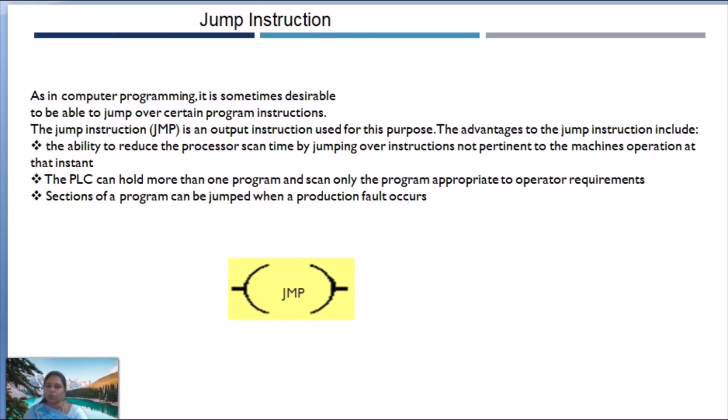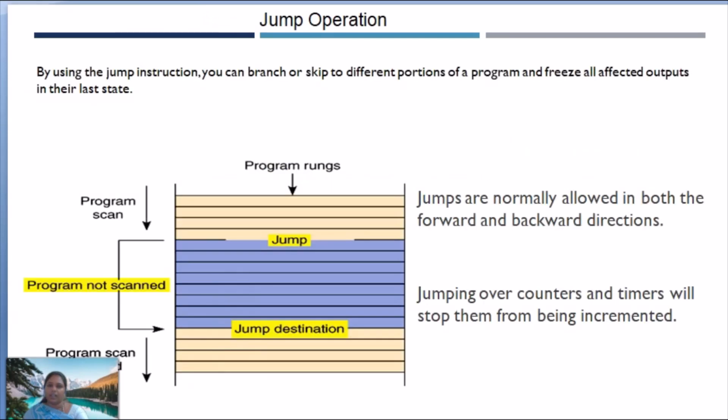The PLC can hold more than one program and scan only the program appropriate to operator requirements. Sections of a program can be jumped when a production fault occurs. This is the symbol of the jump instruction, and by using this diagram we can easily understand the operation of the jump instruction.